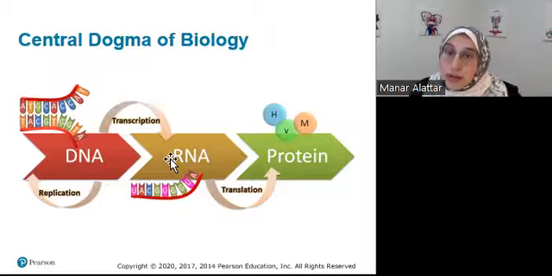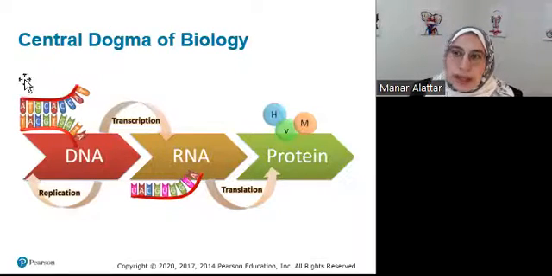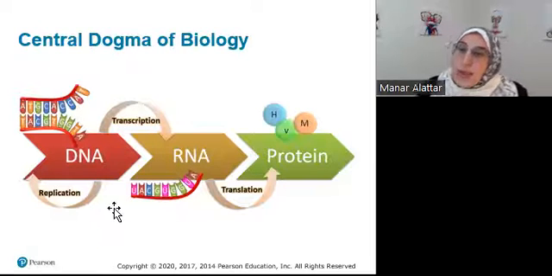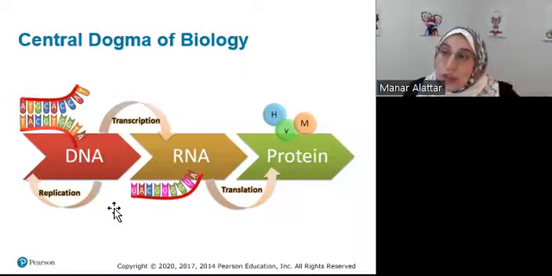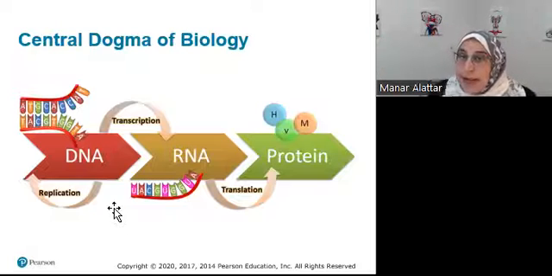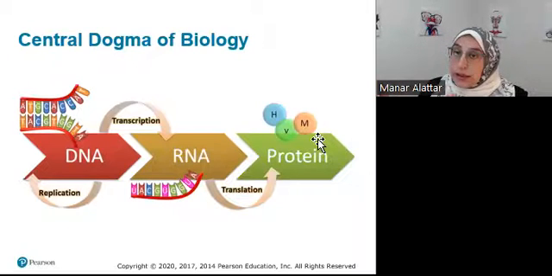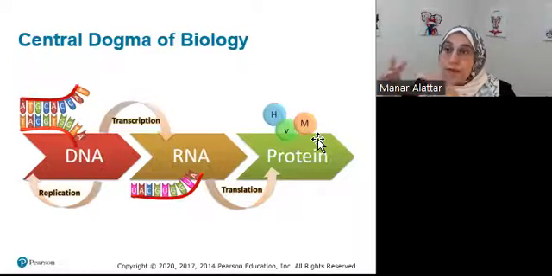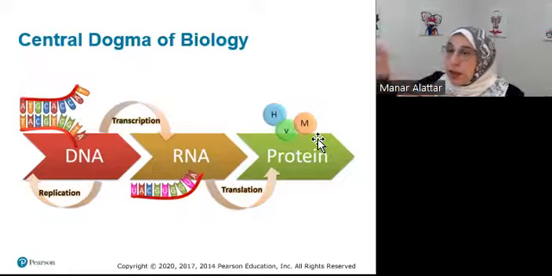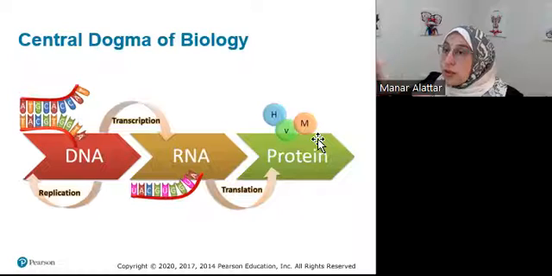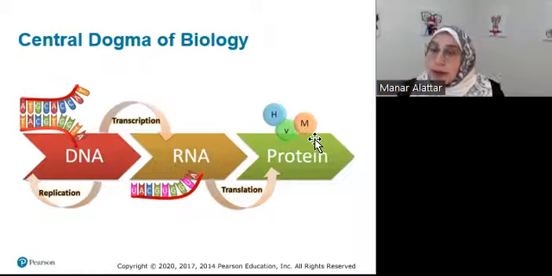RNA is single-stranded, but it's still a type of nucleic acid, so both of these are nucleic acids. And then in order for that copy to actually be expressed, it needs to be translated into a protein. And that protein becomes the functional unit that goes out and does the work in the cells, interacting with other proteins or lipids and carbohydrates.